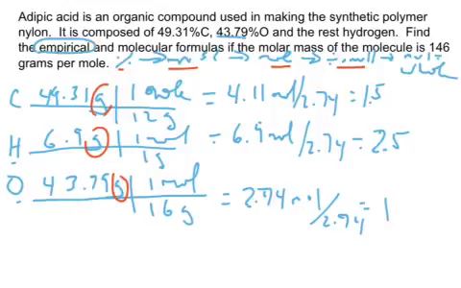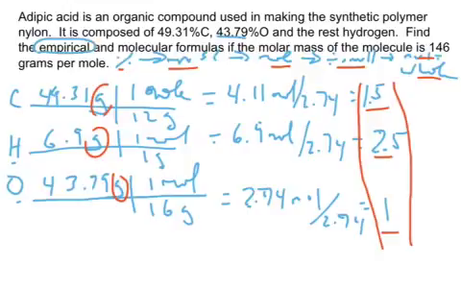Now, if I go back to my rhyme, I divided by small, but you notice that these guys are not whole numbers. So I have to multiply till whole. And if you notice, you have to multiply everything. You start, okay, I multiply by 2 and then by 3, to try to get whole numbers. So I'm going to multiply it by 2, and I'm going to get 3 to 5 to 2.